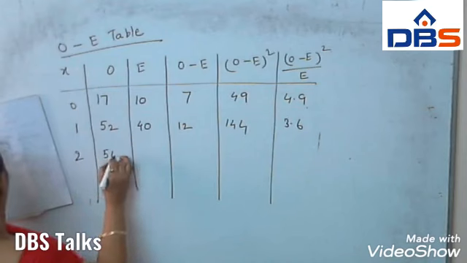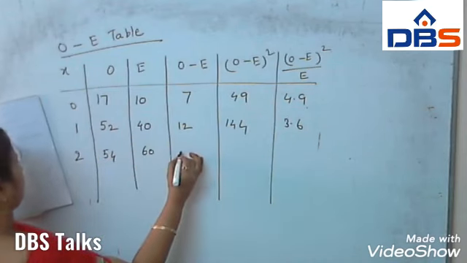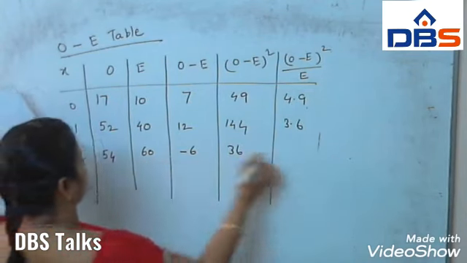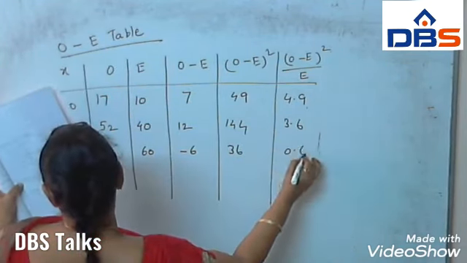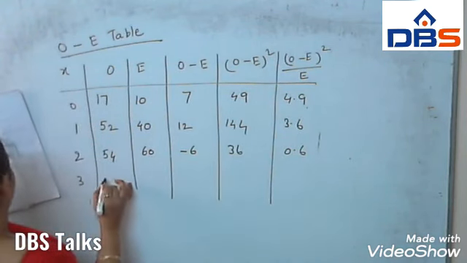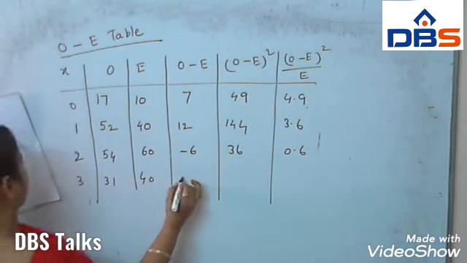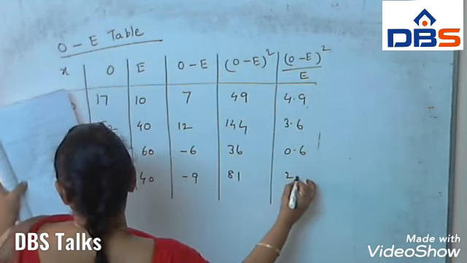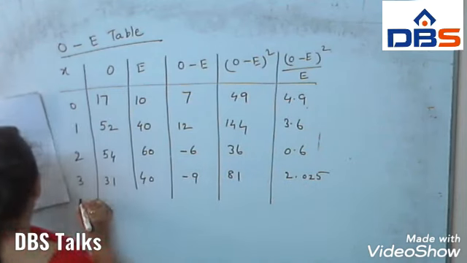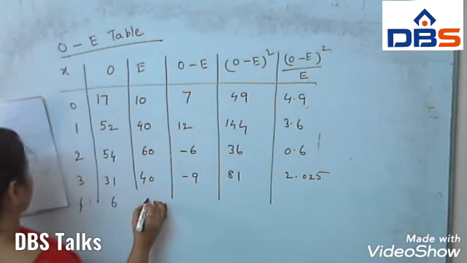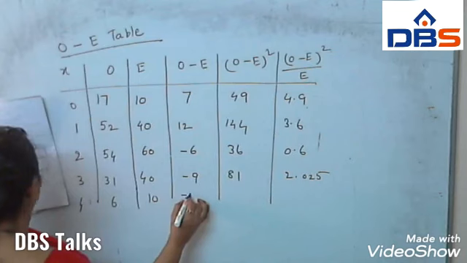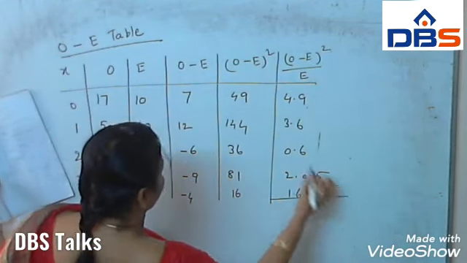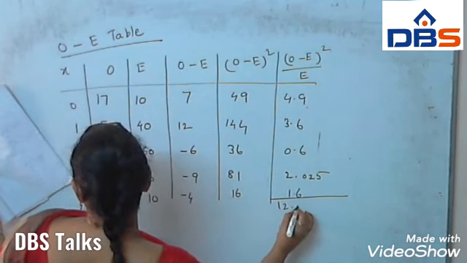For 2: 54, 60, minus 6, 36. 36 by 60 is equal to 0.6. For 3: 31, 40, minus 9, 81, 2.025. For 4: 6, 10, minus 4, 16, 1.6.